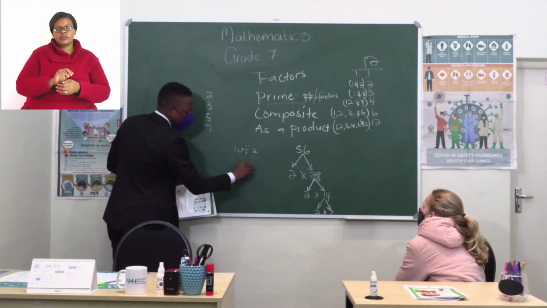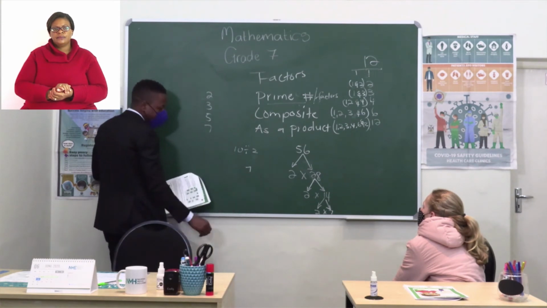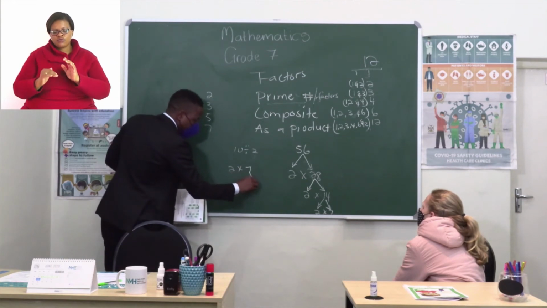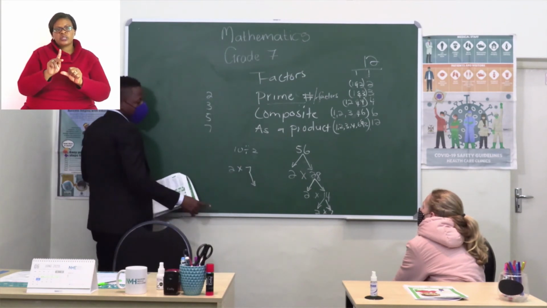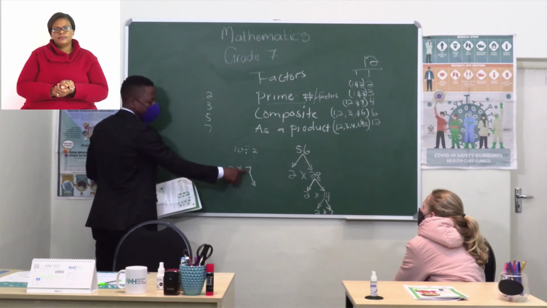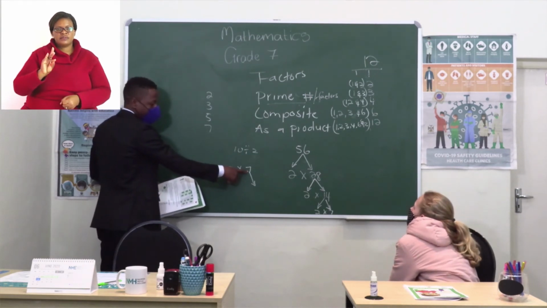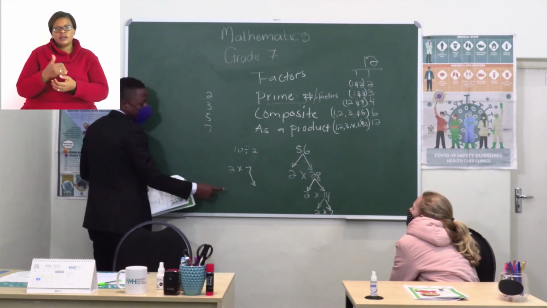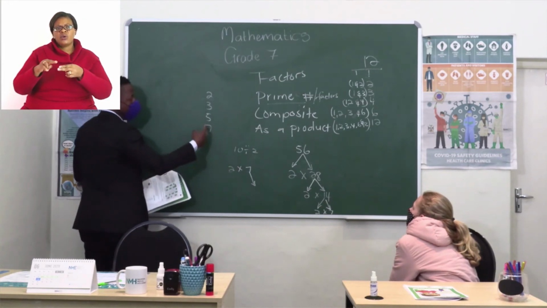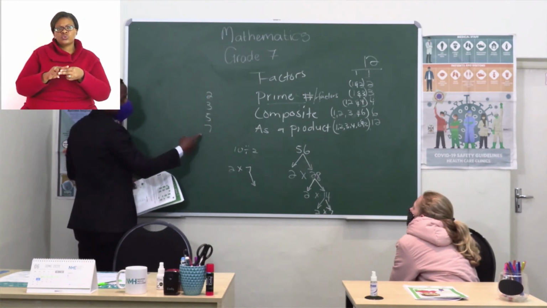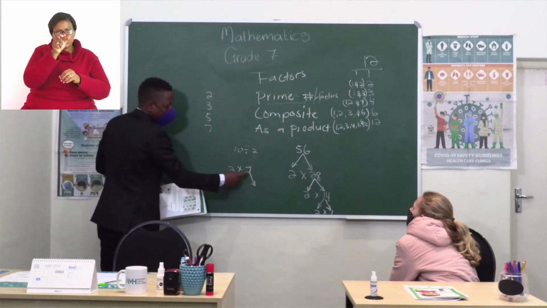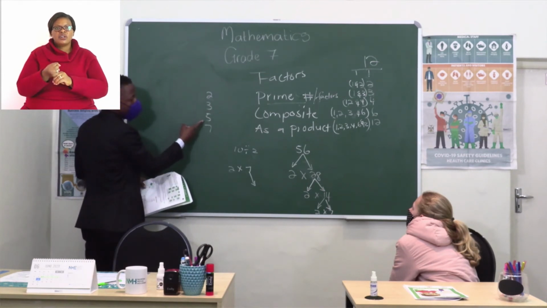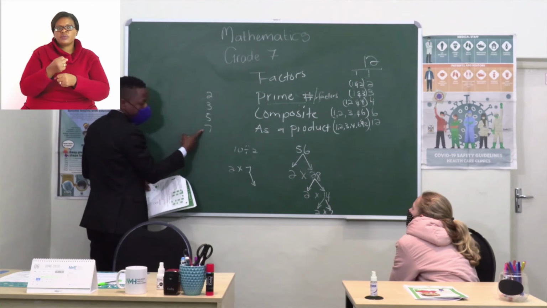I have to continue somewhere here due to space. That is a 7. I still have to continue. I cannot halve 7 because if I halve 7, I'll have a remainder. So in this case, I have to use a prime factor on this list that would divide into 7 to give me a whole number. 2 cannot, 3 cannot, 5 cannot, 7 can.